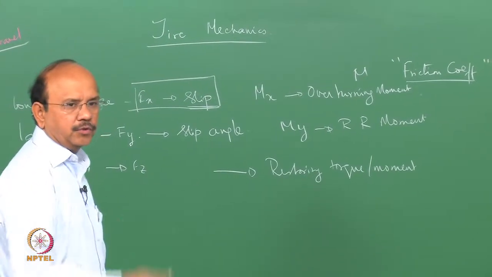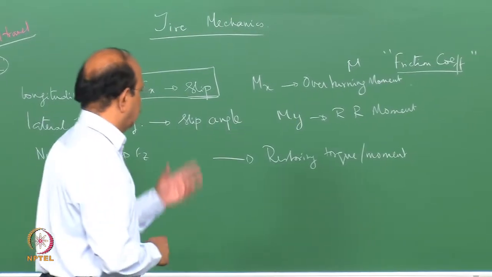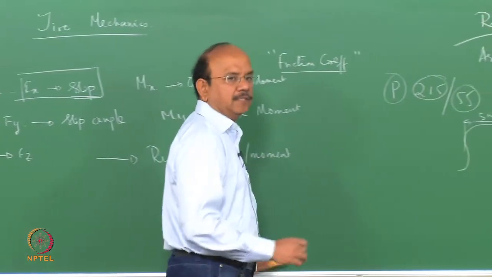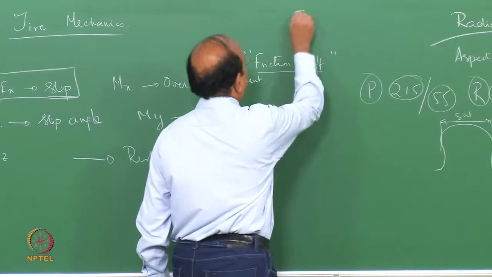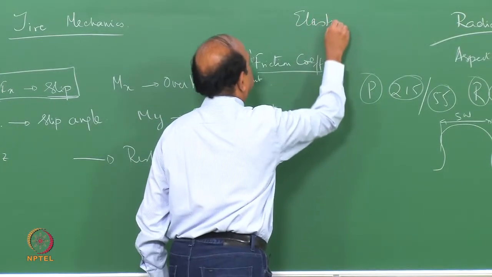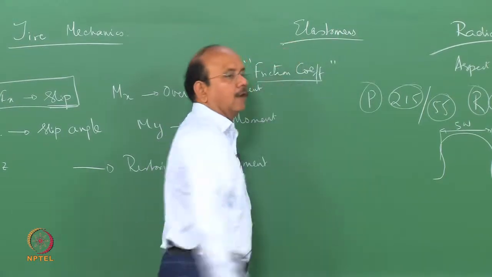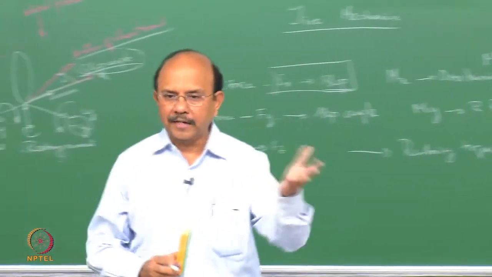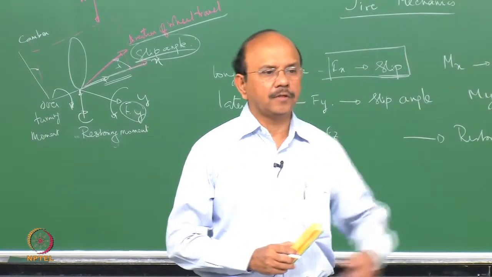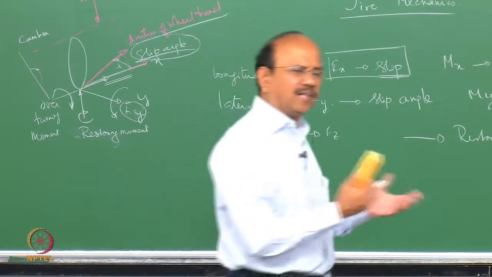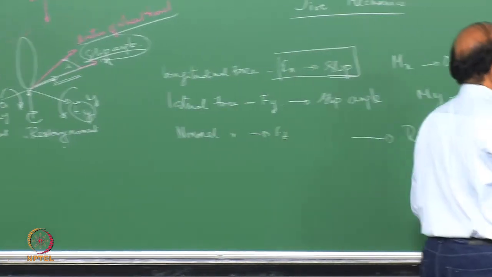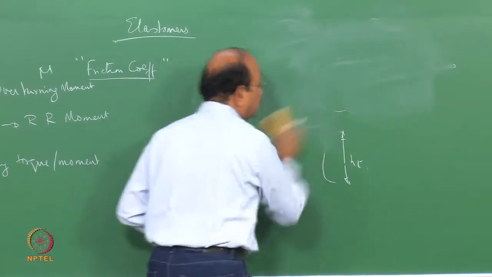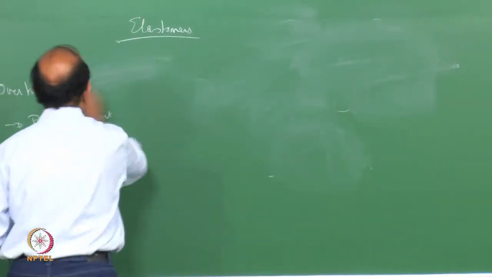All the tires which are used in the automobile basically consist of what are called elastomers. Of course, tires are classified into pneumatic tires, which we use all the time, or solid, non-pneumatic tires, which have very specific applications. But in this course, we are going to see only the pneumatic tires.